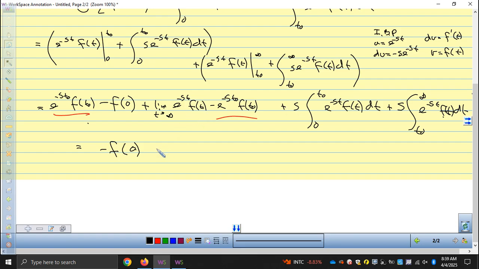And then here we have plus s times the integral from 0 to t0, e to the minus st f of t dt, plus the integral from t0 to infinity of e to the minus st f of t dt.